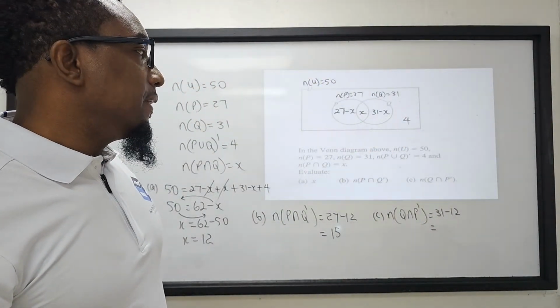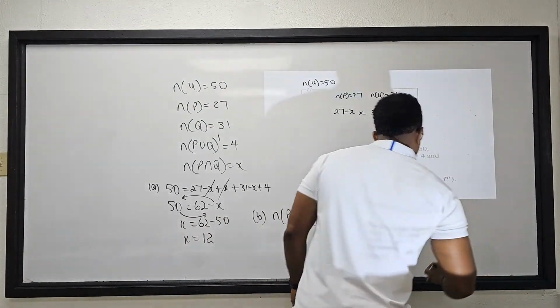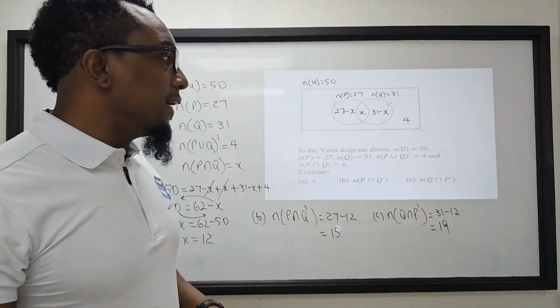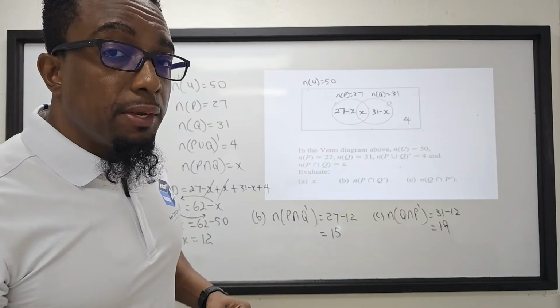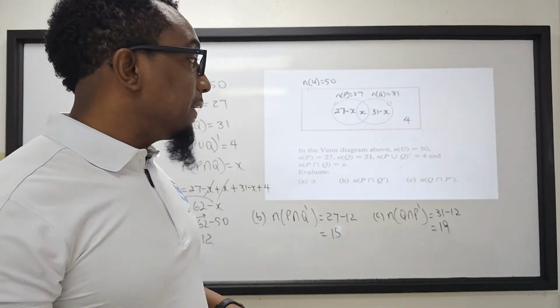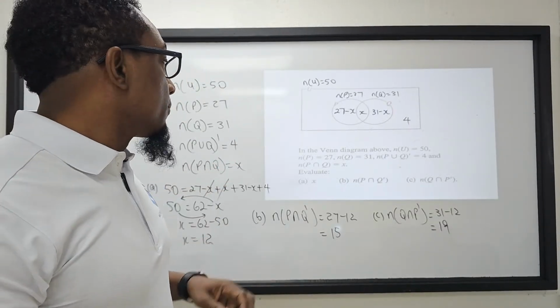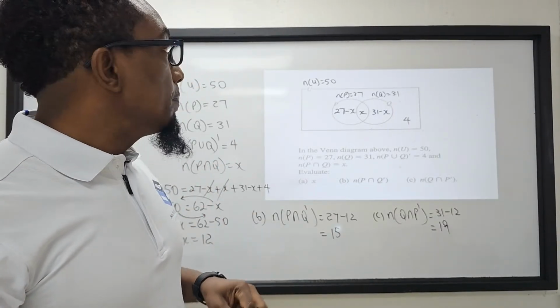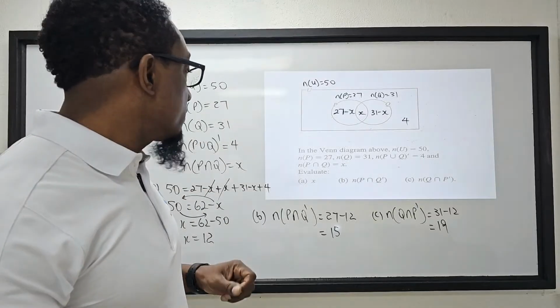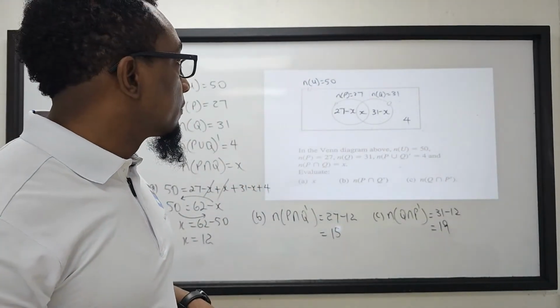And that will give me 19. So 19 students play, if you consider Q to be quattro only. So Q intersect P complement is the same as Q only, which is at 31 minus x. P intersect Q complement is P only, that's 27 minus x. Of course, we got x as 12, which will help us to find B and C complement. Alright?